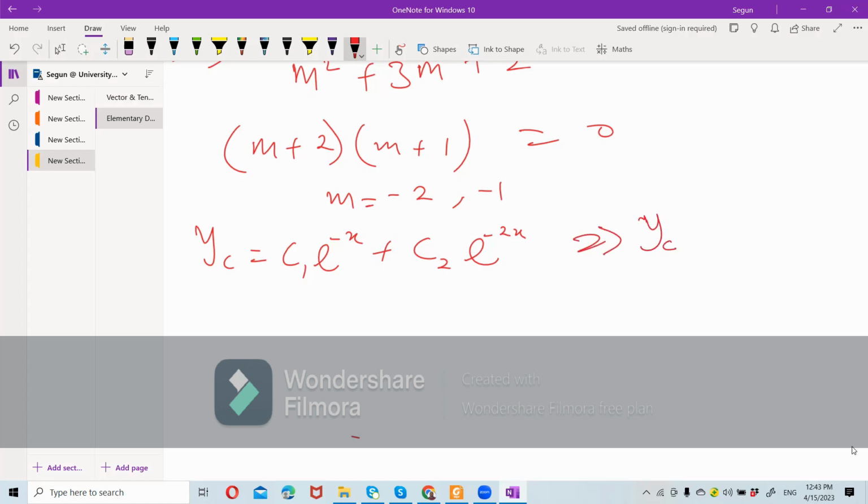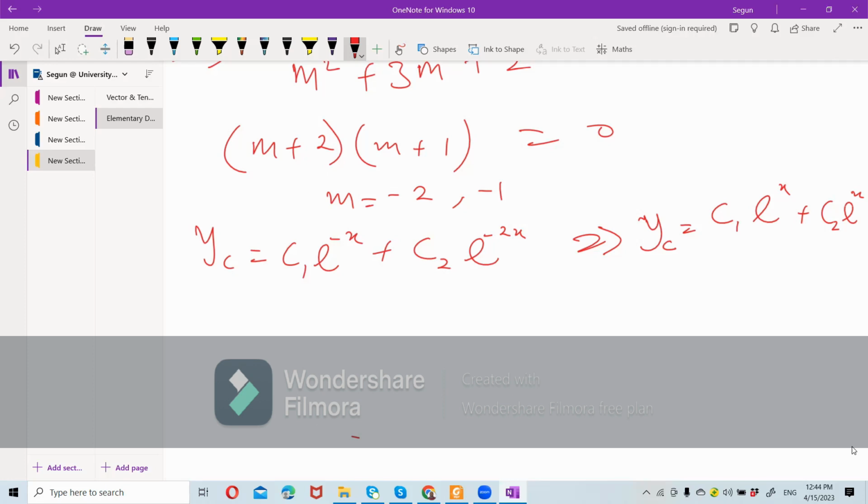y complementary always be C1 exponential x and plus C2 exponential x. They are all exponential x. You understand? Like the one we have C1 x raised to power m and C2 x raised to power m.